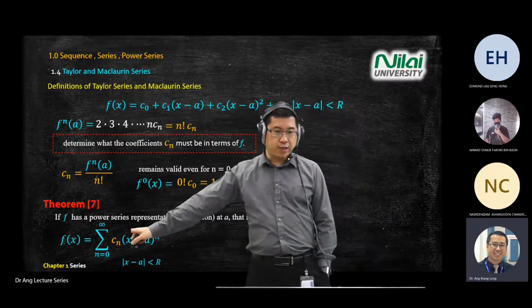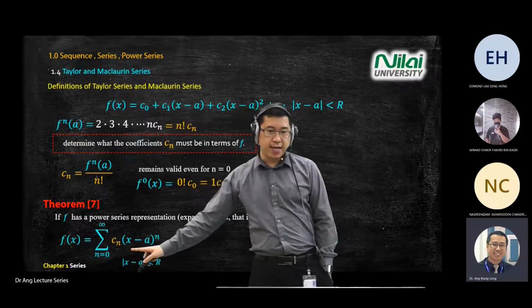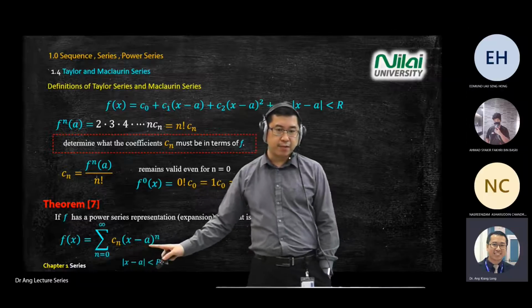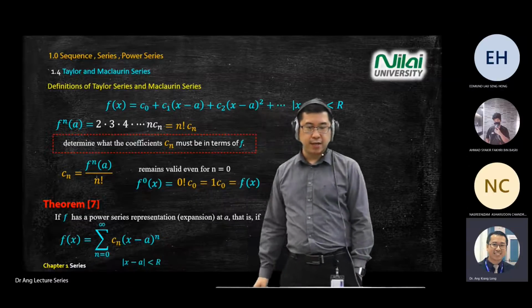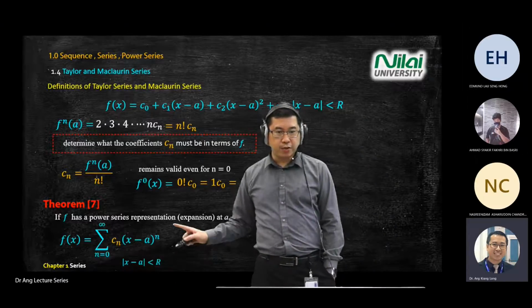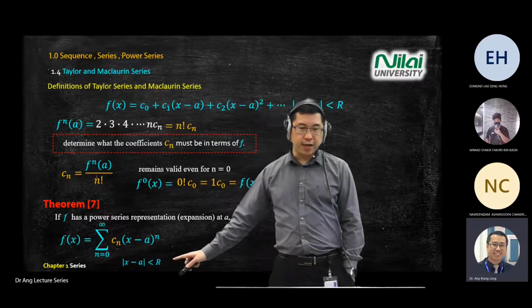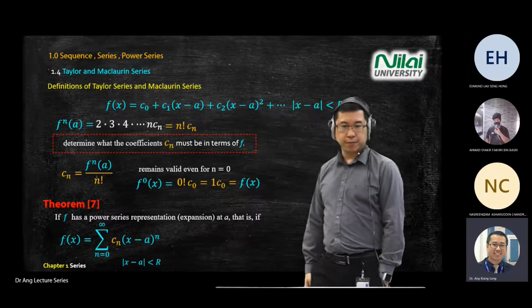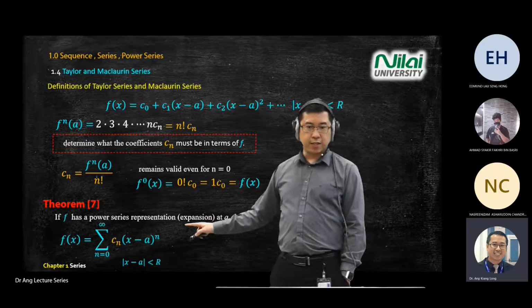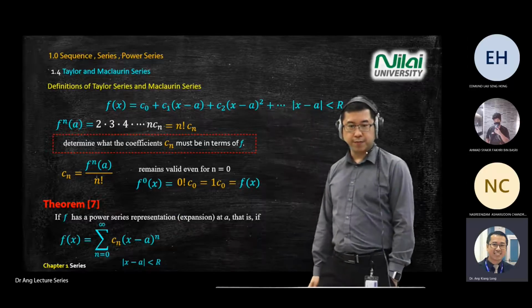Your general equation, f(x) equal to the power series, Cn is your constant value, times (x minus a) power n. You use this formula with |x minus a| less than R for it to be convergent. So this is a reference formula for you to solve questions.